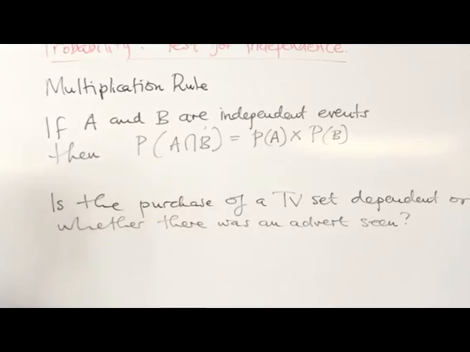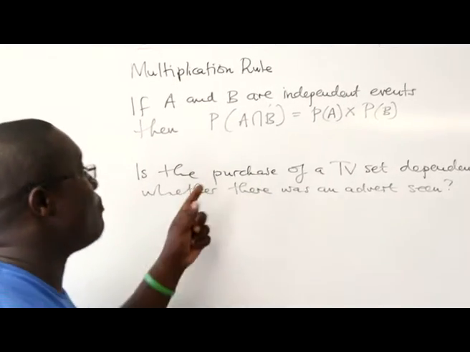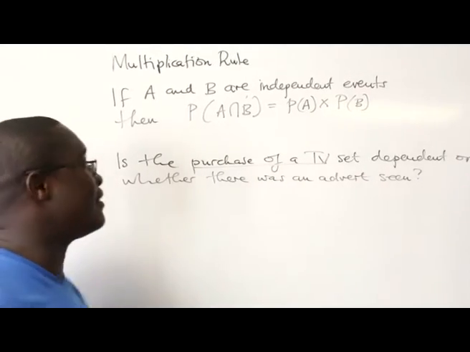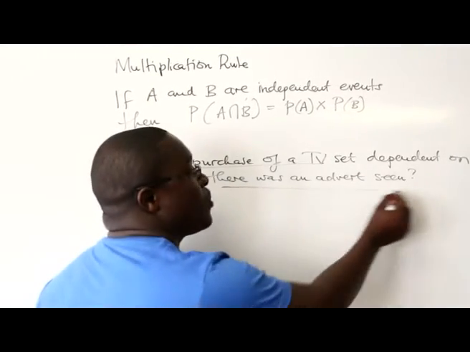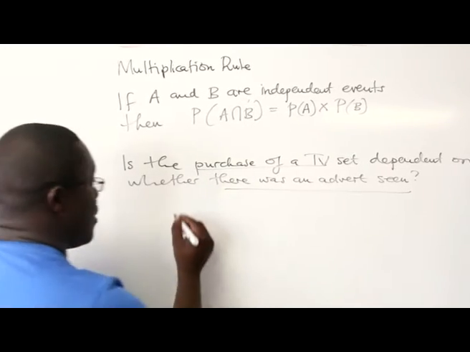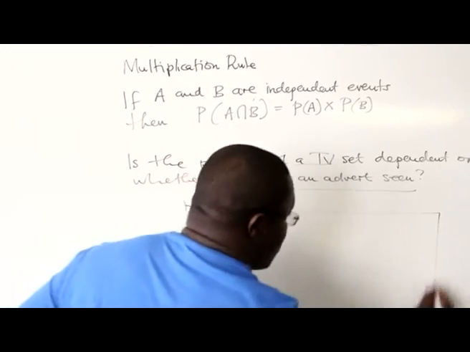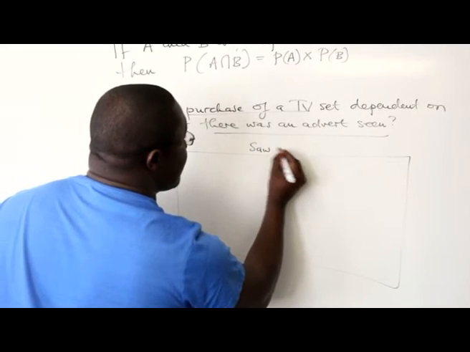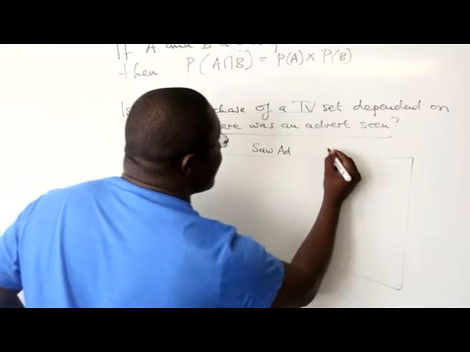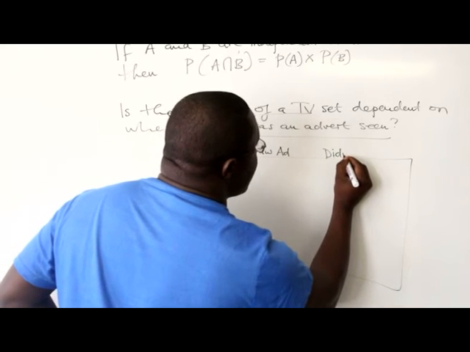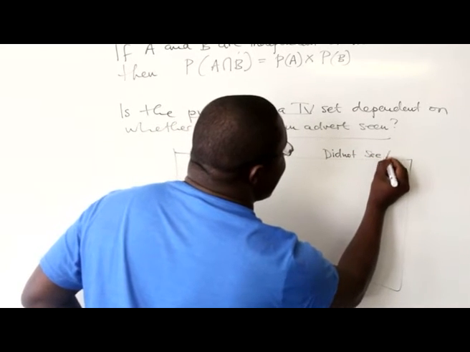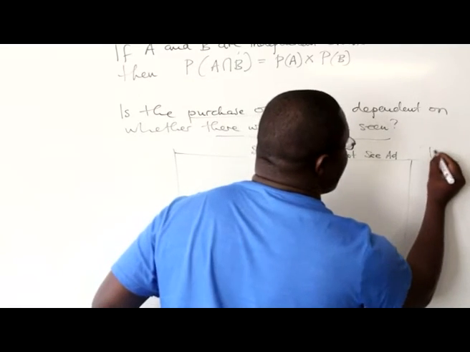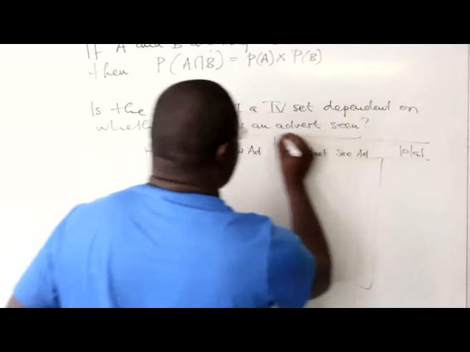So we're testing the relationship to say, is the purchasing of a TV dependent or independent of whether you saw an advert or not? I'll do a quick table where you have saw ad, did not see ad. Those are your two columns, and then you have a marginal total.